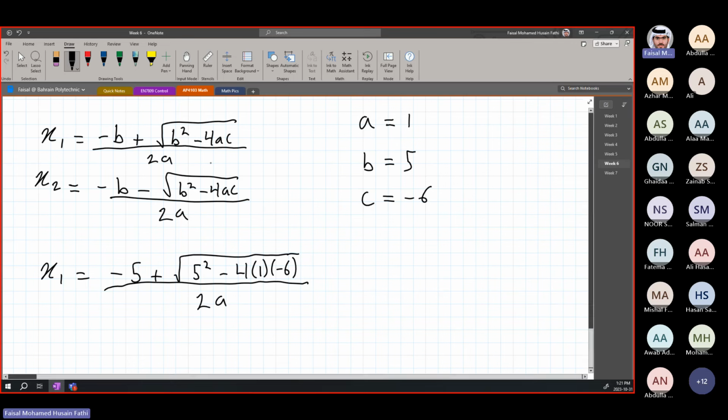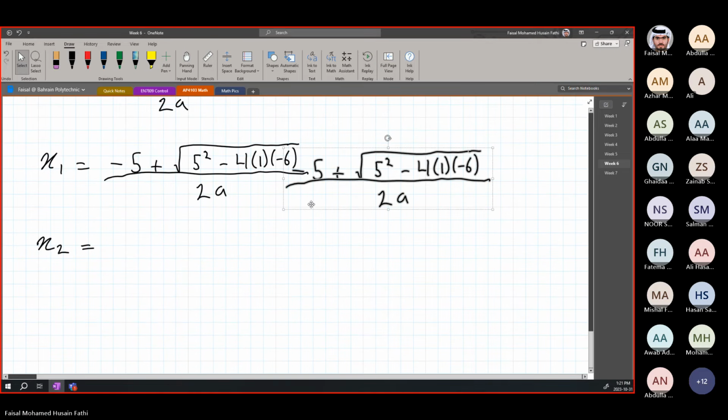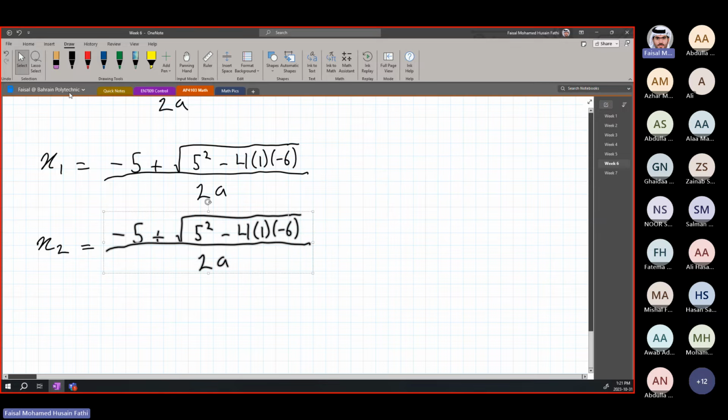And x2 is going to be the exact same thing, but instead of plus, it's going to be minus. Oh, sorry, it is 2a, but the a in this case is 1.